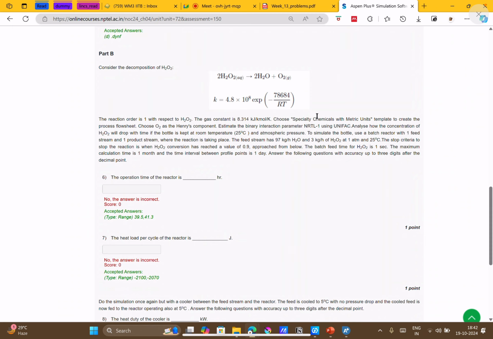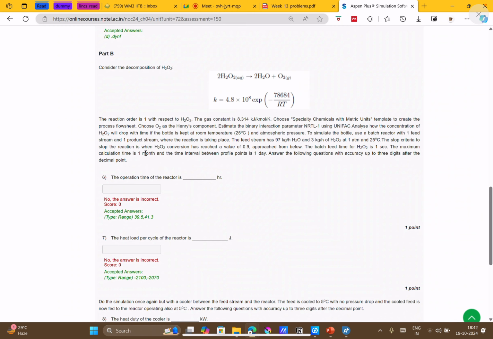Analyze how the concentration of H2O2 will drop with time if the bottle is kept at room temperature and atmospheric pressure. To simulate the bottle, use a batch reactor with one feed stream and one product stream, where the reaction is taking place. The feed stream has 97 kg per hour H2O, 3 kg per hour H2O2, at 1 atmosphere and 25 degrees centigrade.